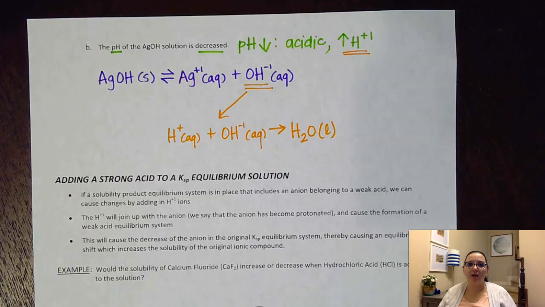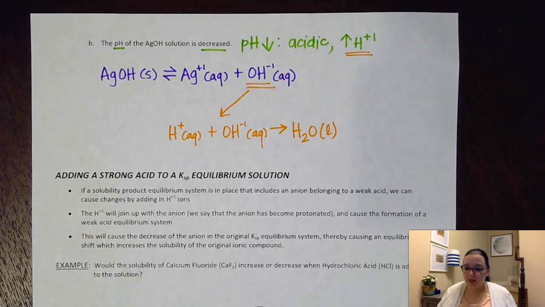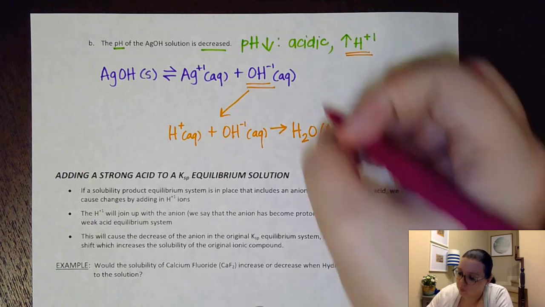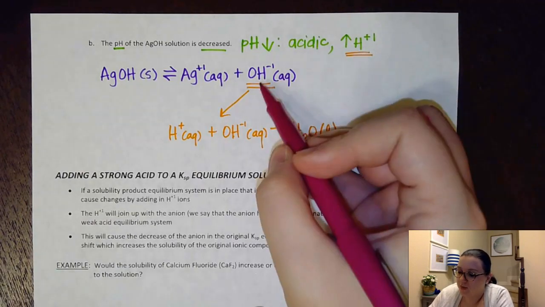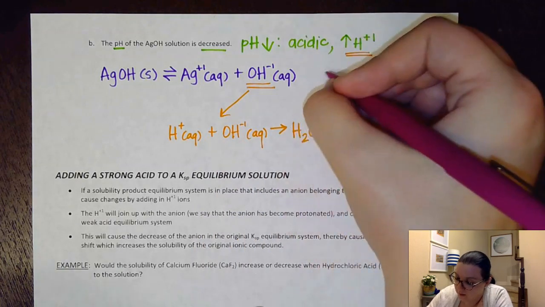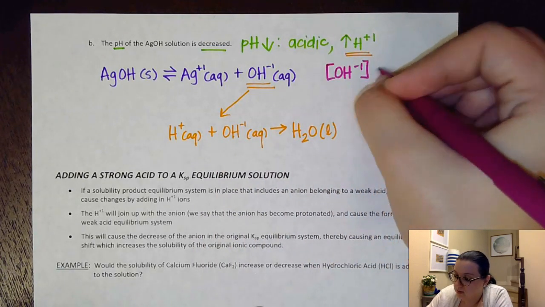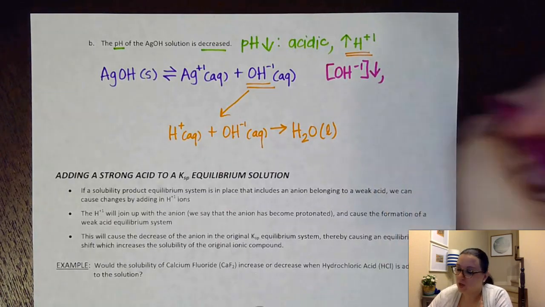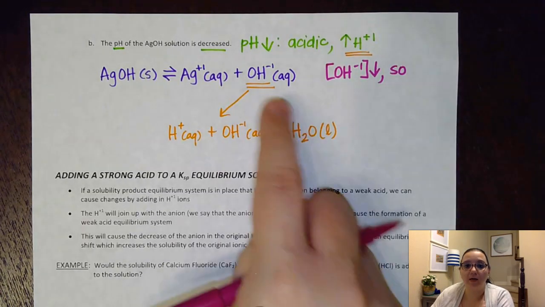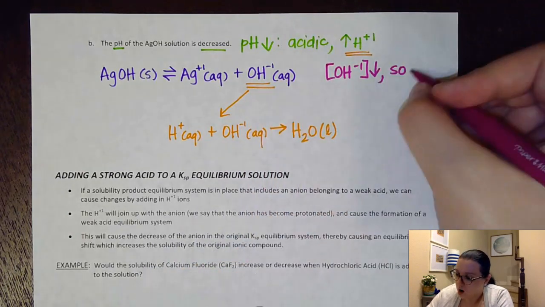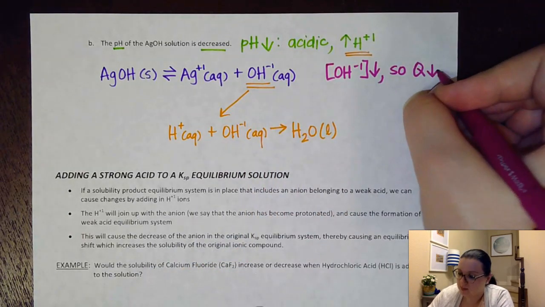To give our explanation to this, and again using Le Chatelier's principle, as the H and the OH interact to make water, what we're effectively doing is decreasing our OH concentration. So as I'm removing a product, our Q value decreases.